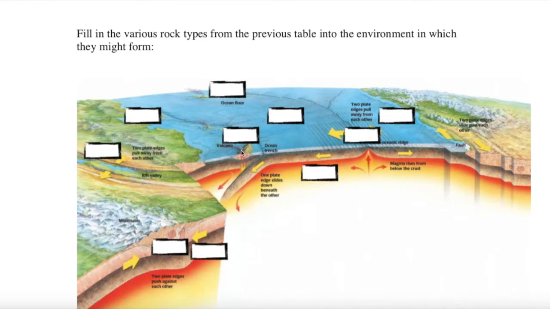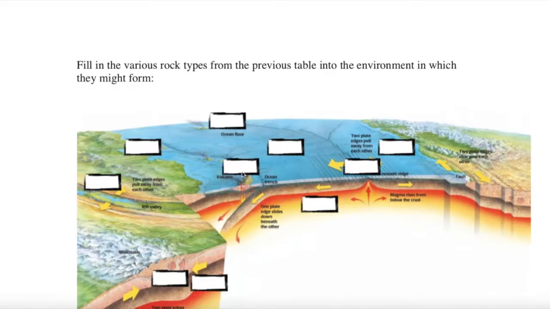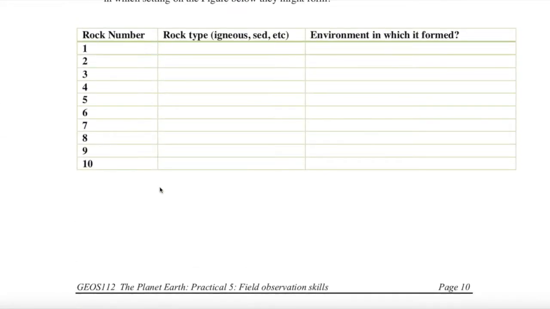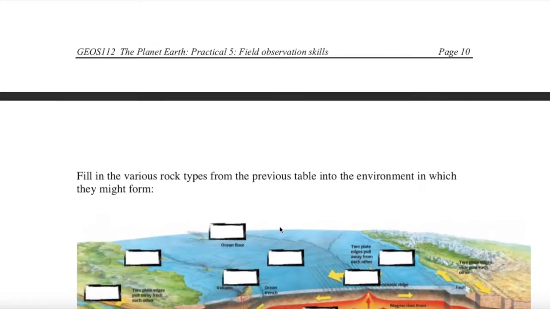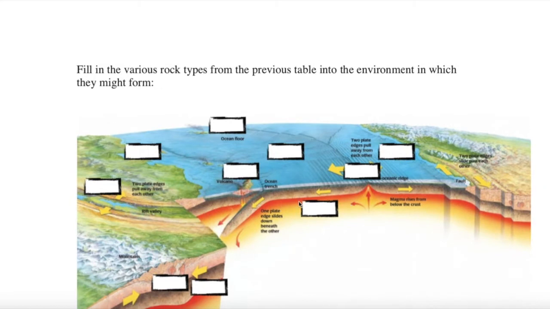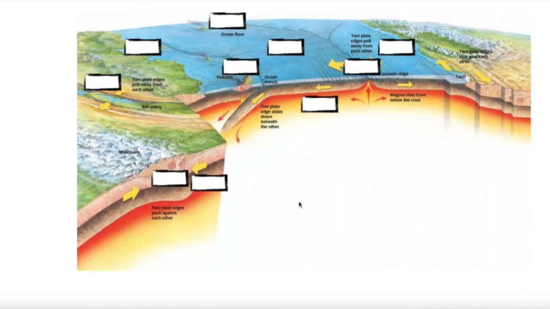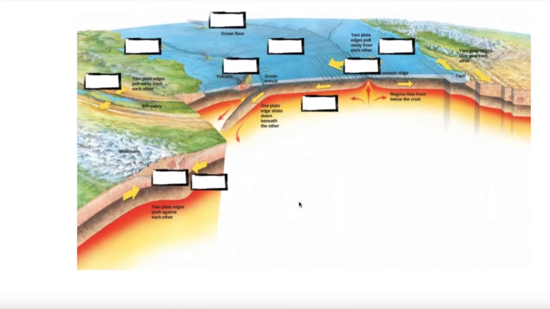There are plate boundary volcanoes, ocean island volcanoes, a spreading ridge, the deep interior of the Earth, sliding faults, a rift system, and mountain belts forming. What we want you to do is take the rocks we've identified and work out where in this diagram those rocks might come from. Right, without any further ado, let's talk about some different rock types.